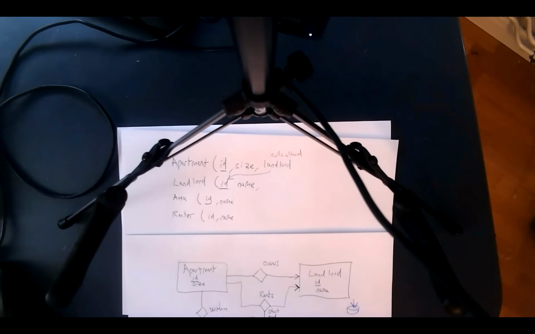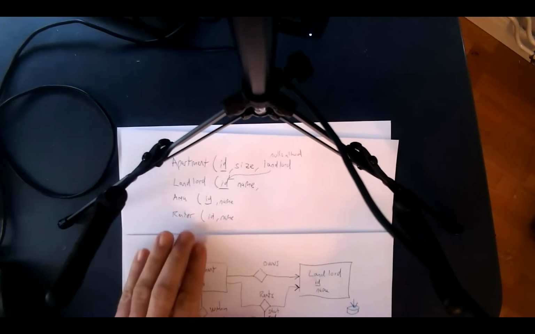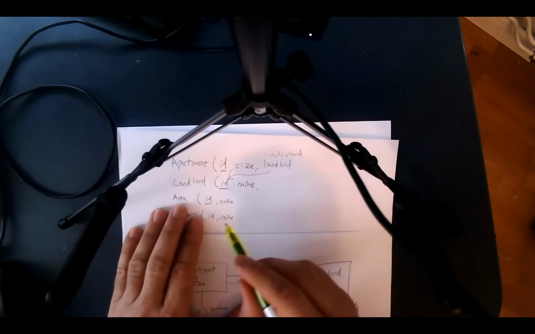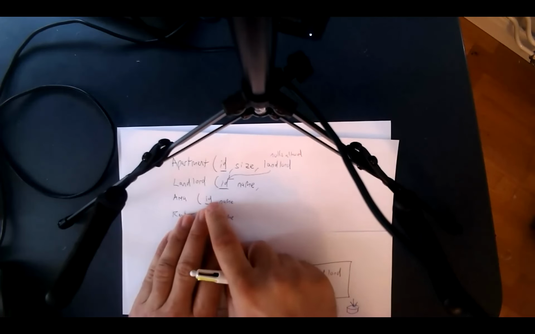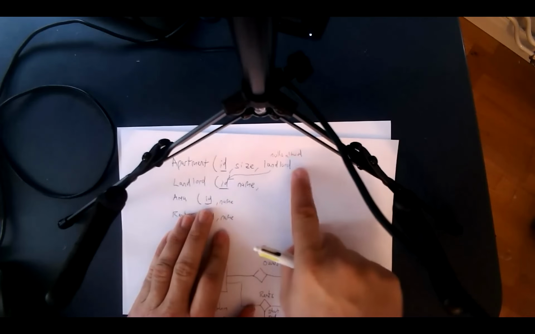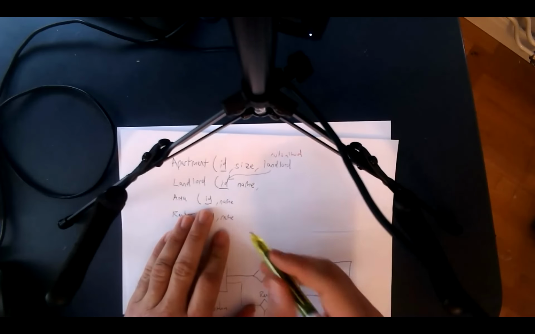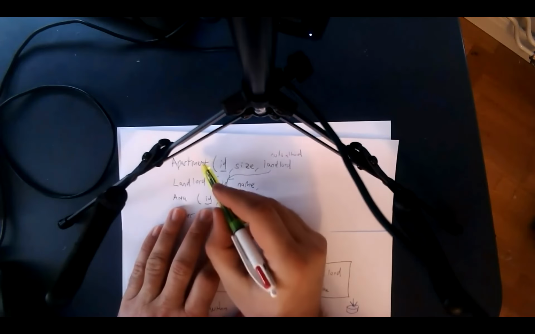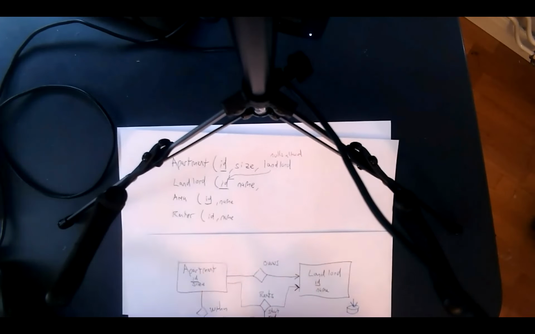Now, let's do apartment and area. Does an area determine an apartment, or does an apartment determine an area? So should the foreign key go on area, or should the foreign key go on apartment? Let's have another vote.